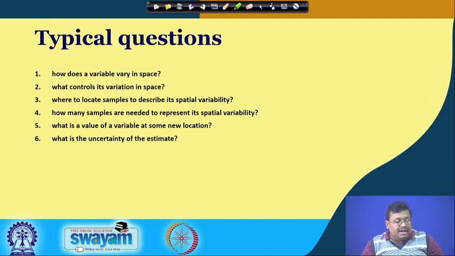And finally, what is the value of a variable at some new location? And finally, what is the uncertainty of the estimate? So, not only does it give you the map and estimation of that particular area, but it also estimates the uncertainty.